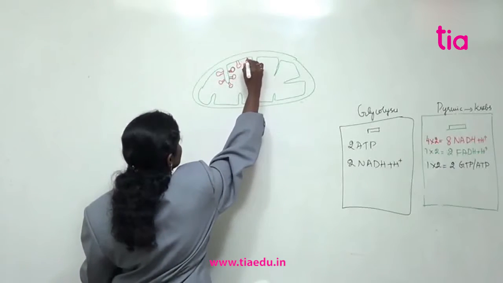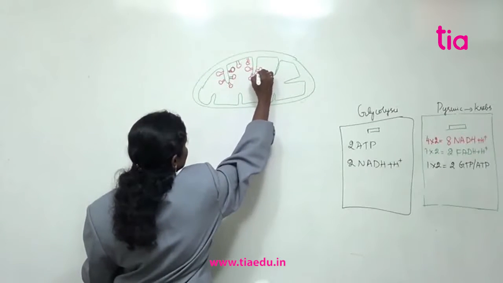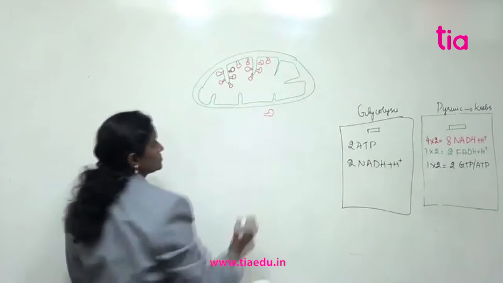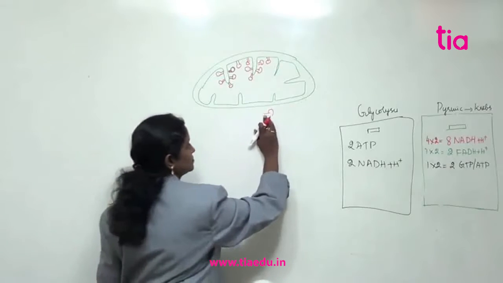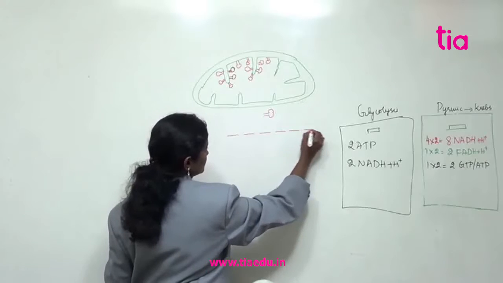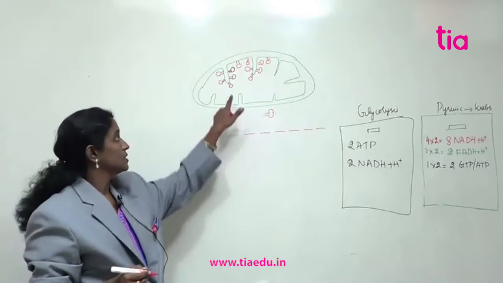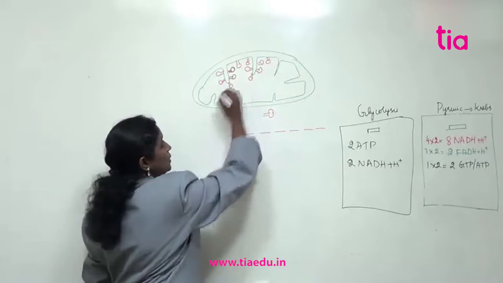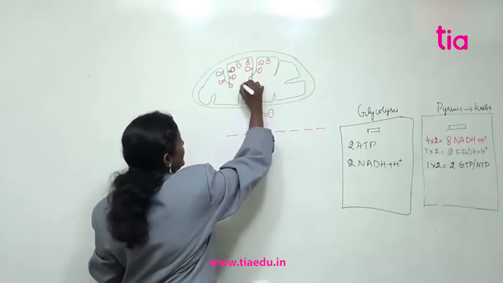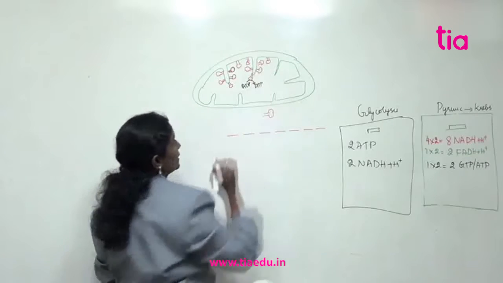They are placed equidistant. What is this we are talking about? This is where ADP is going to get converted to ATP. I said ADP gets converted to ATP only in the inner membrane of mitochondria.